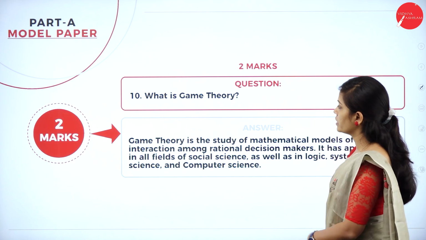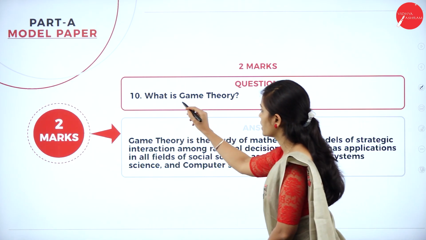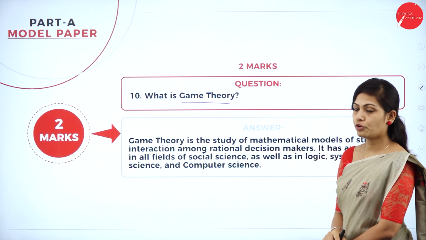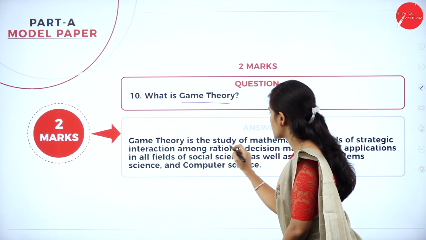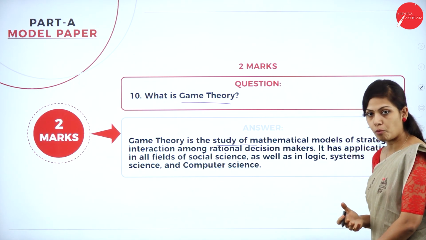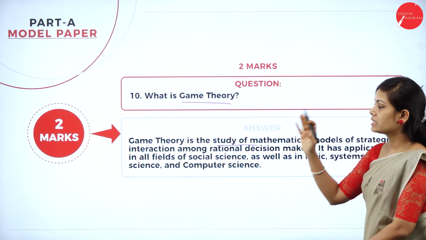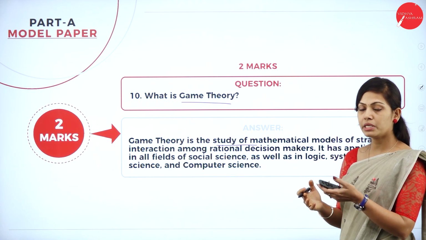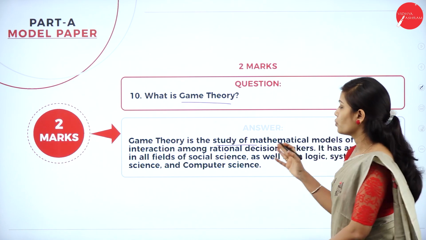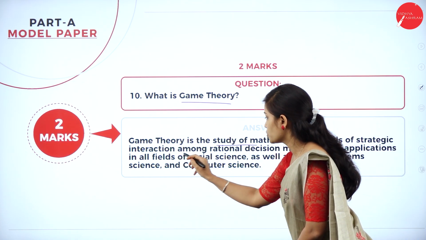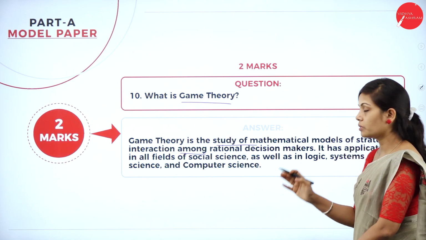And the last question in part A is, what is game theory? A very important question for 2 marks. Game theory is a study of mathematical models of strategic interaction. So game theory means it's a strategy, a strategic interaction among rational decision makers.